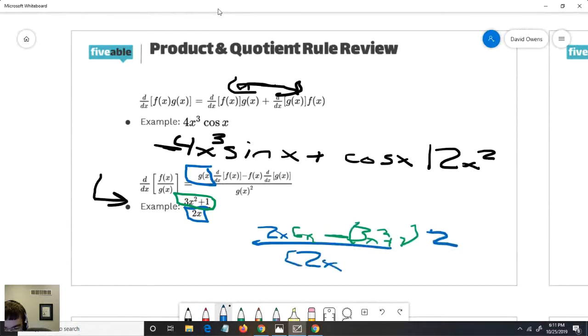And once again, you can simplify that into, what would it be, 12x squared minus 6x squared plus 2.